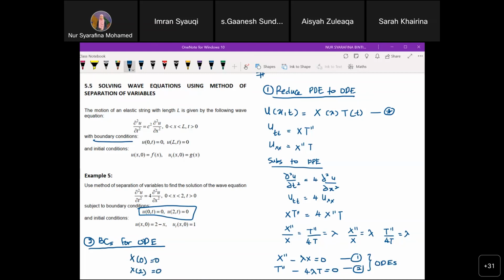Then you need to consider all cases. So I'm going to leave you with this example as the activity. Please submit the activity later on the e-learning. Are we good? Same process as the previous one, but here we have the wave equation.